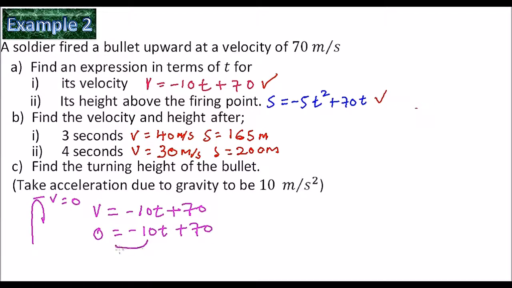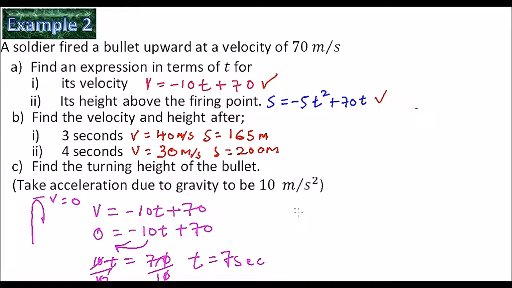We take minus 10 t to this side, it becomes positive. So 10 t is equal to 70. Divide both sides by 10. So we have t is equal to 7 seconds. So it is after 7 seconds that the bullet will turn and then start moving downwards.